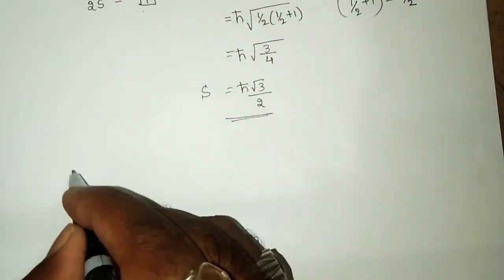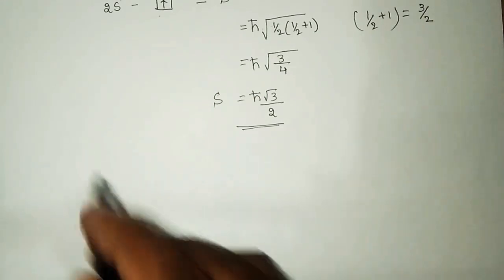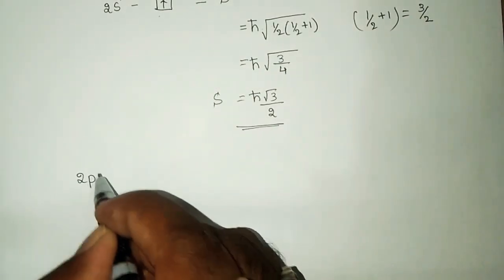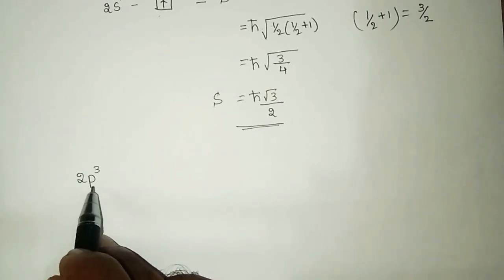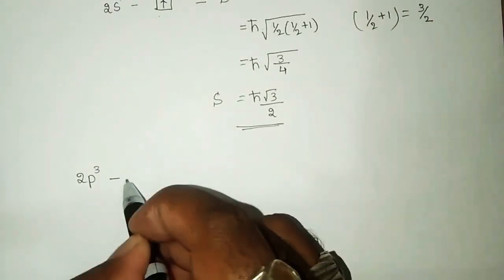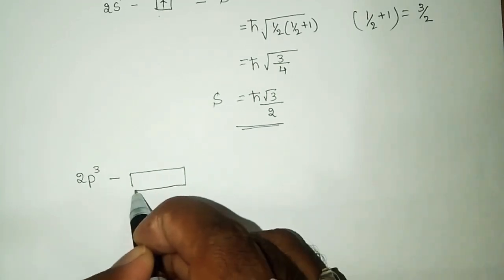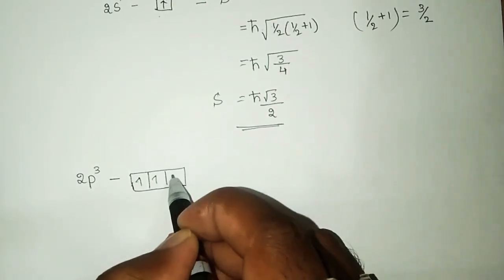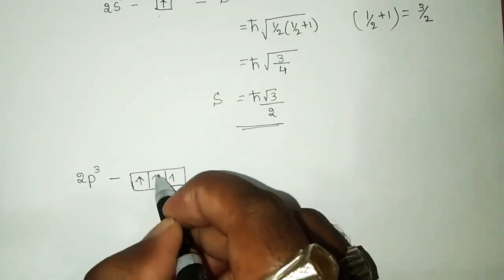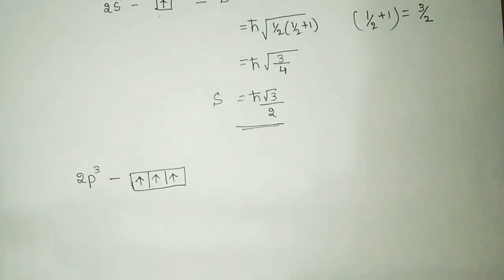So we shall go with one more example to calculate the spin angular momentum. 2p3, for this we are supposed to calculate the spin angular momentum. For which we shall draw the box electronic configuration, 3 electrons. So we should accommodate the electrons in this way.